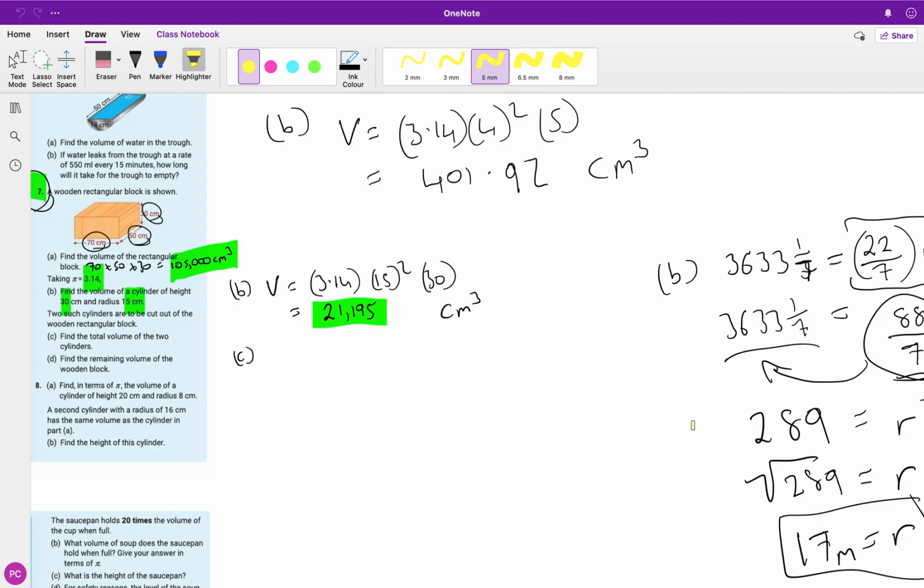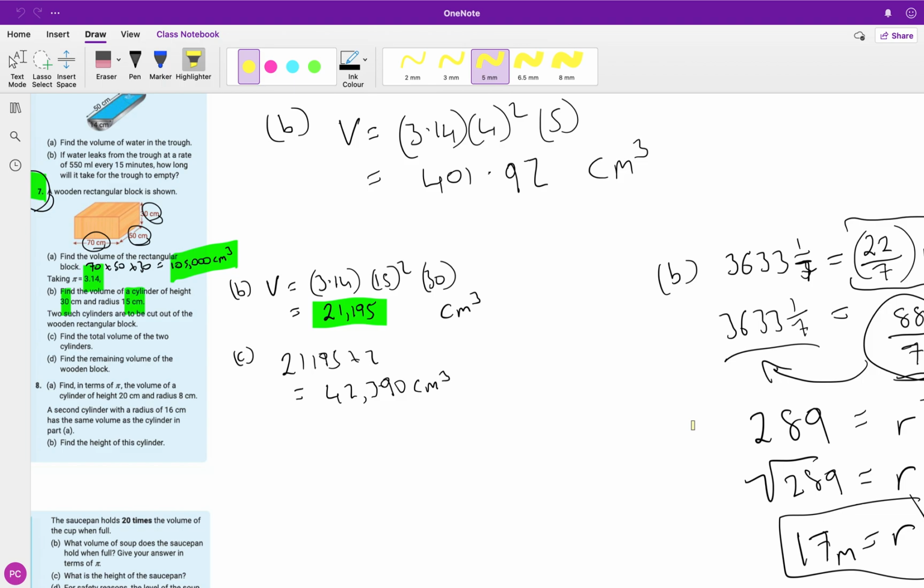So you're just going to do 21,195 by 2, which is going to be 42,390 centimeters cubed.